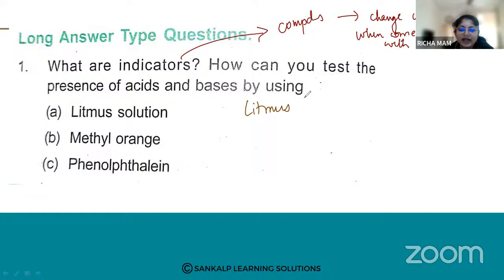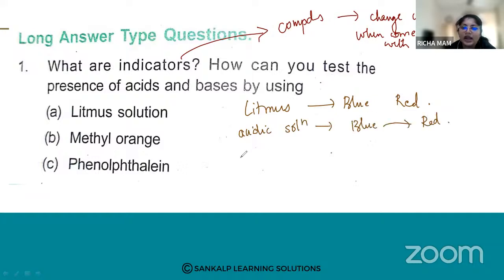Litmus is of two types: one is the blue litmus and the second one is the red litmus. If you have an acidic solution, it will turn your blue litmus to red. And if you have a basic solution, it will turn your red litmus to blue. So this is the color change.